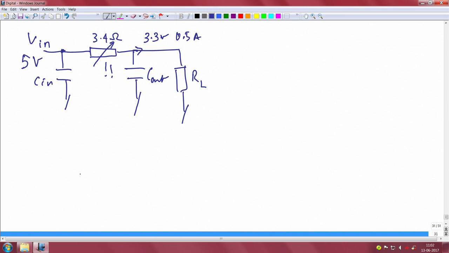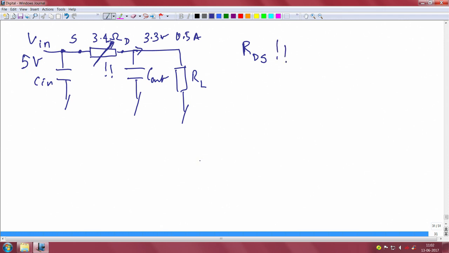In other words, this is nothing but the source, this is nothing but the drain of a MOSFET, and this change essentially is nothing but the gate voltage that you are providing. In simple terms, you need to modify the resistance between drain and the source, also called the RDS.